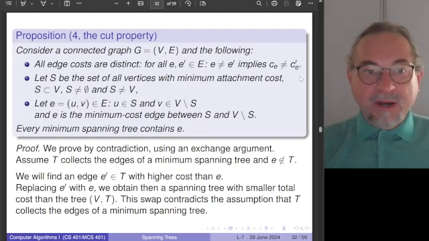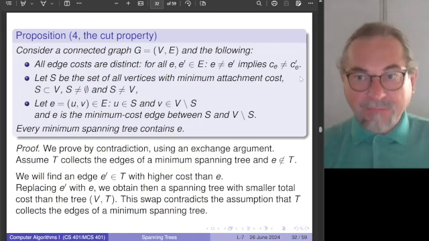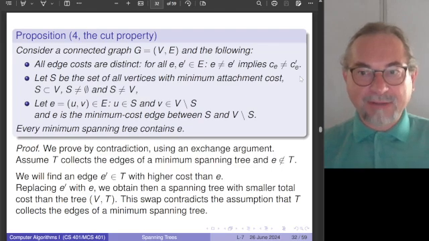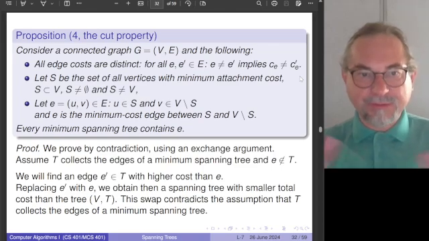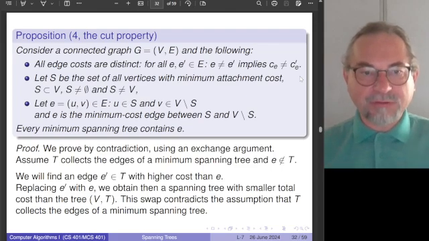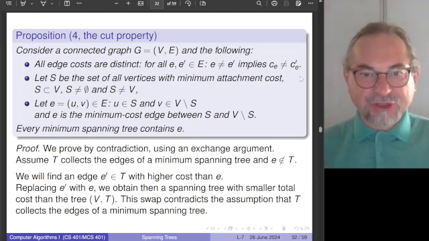Okay, we will work by contradiction and using an exchange argument, which is a very powerful argument to prove the optimality of greedy algorithms. So if there would be a minimum spanning tree that does not contain that edge E, the edge with the minimum attachment cost, then we will show that there is somewhere an edge E prime that you can exchange with E, so that you have a lower cost.